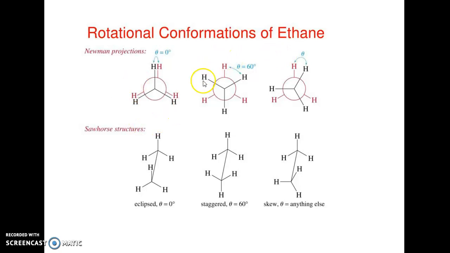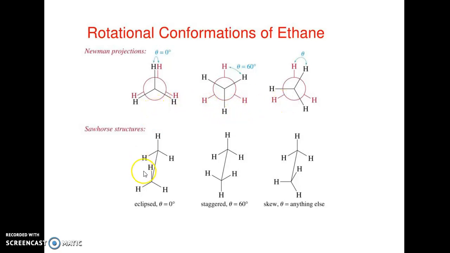See, these are the rotational conformations of ethane. These are the Newman projections. This is the eclipsed form with dihedral angle 0 degrees. This is the gauche or staggered form with dihedral angle 60 degrees, and the intermediate skew form. These are the Newman projections of the eclipsed, staggered and skew forms.